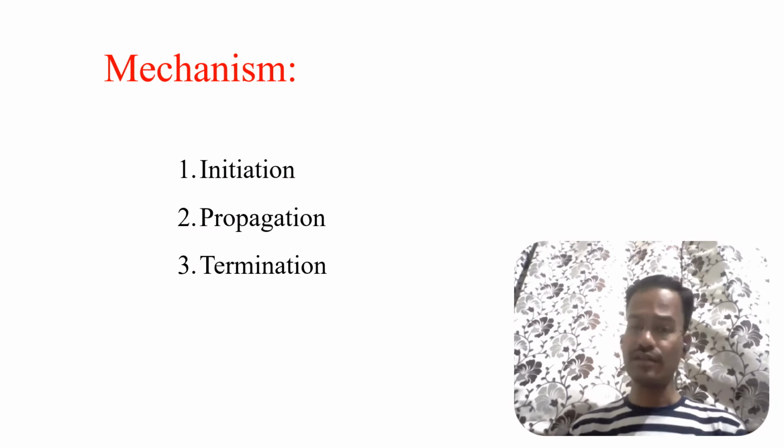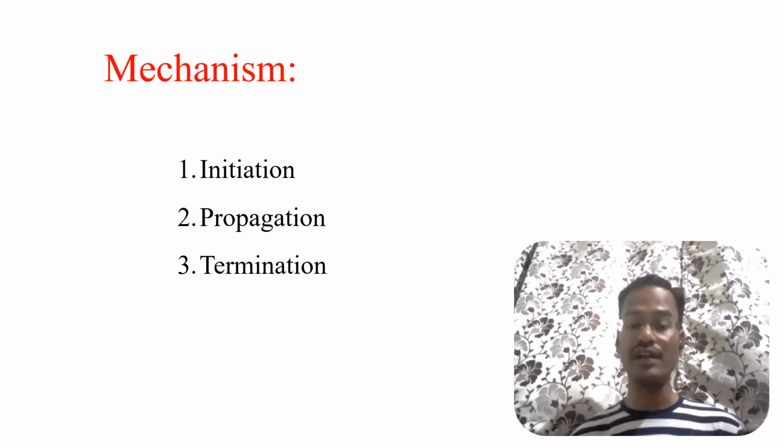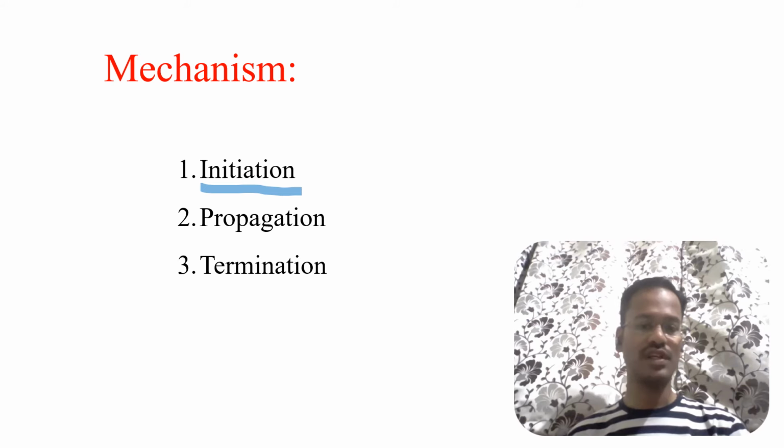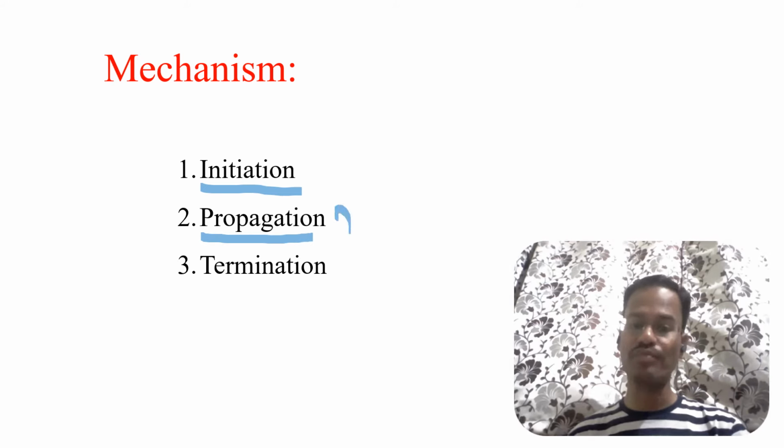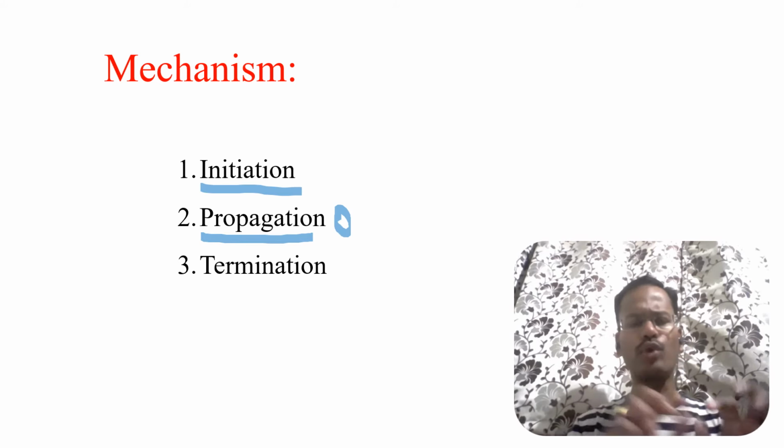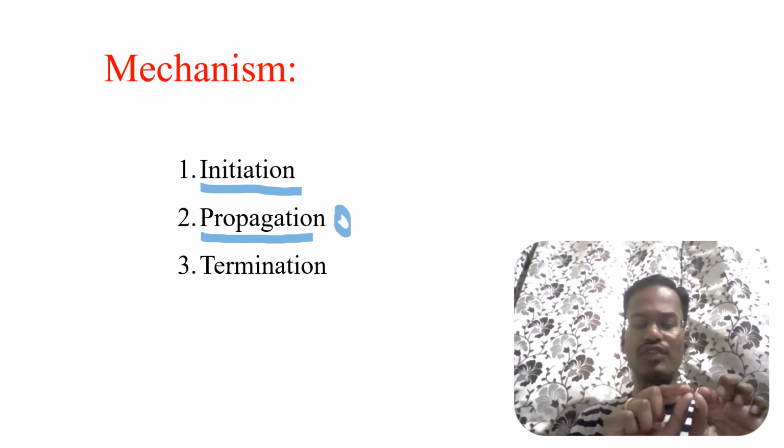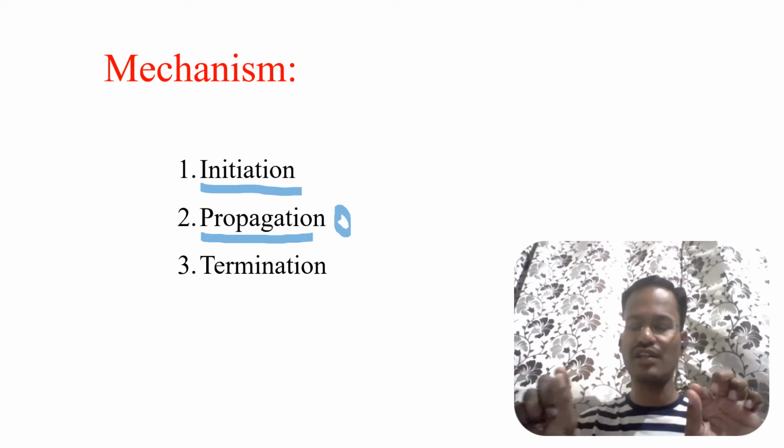As I said earlier, the mechanism of this free radical substitution reaction can be divided into three steps. Step one is initiation. Step 2 is called propagation, where we can't stop the reaction. During propagation, the chain keeps on extending and extending.